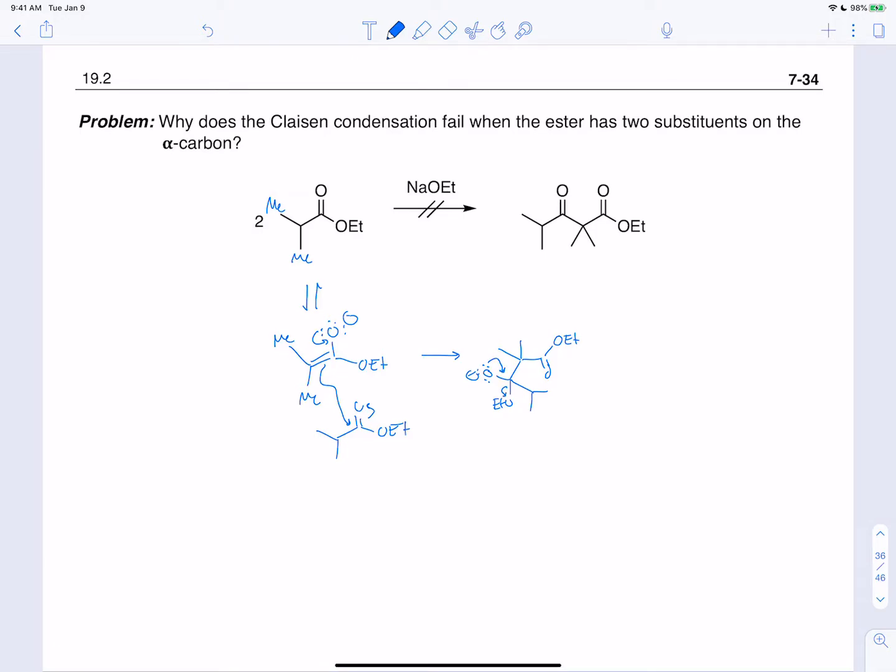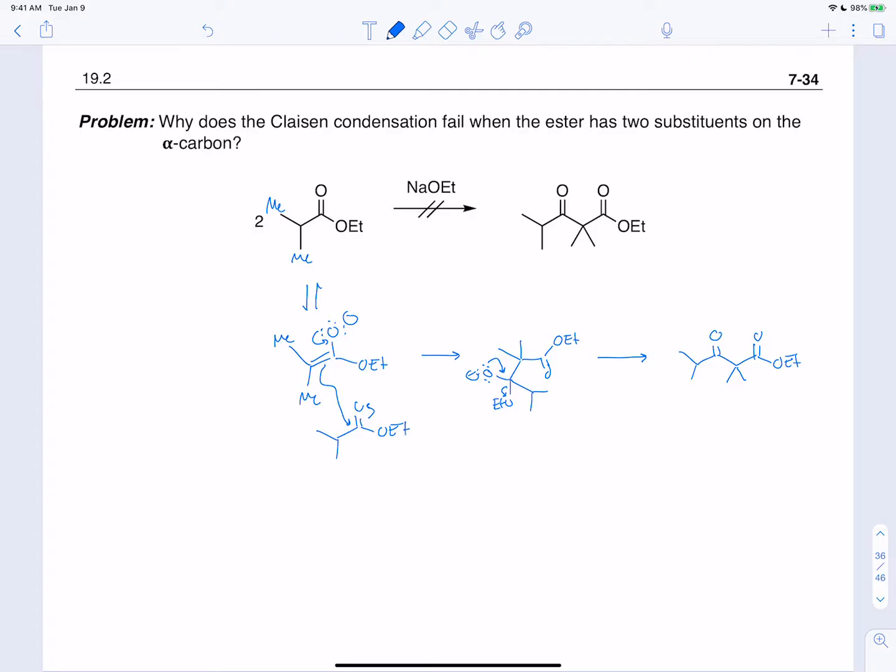And if this were to kick out, we would get the compound shown. But it says that this is not a good reaction. So why is it that this is going to be a very difficult reaction to get away with?